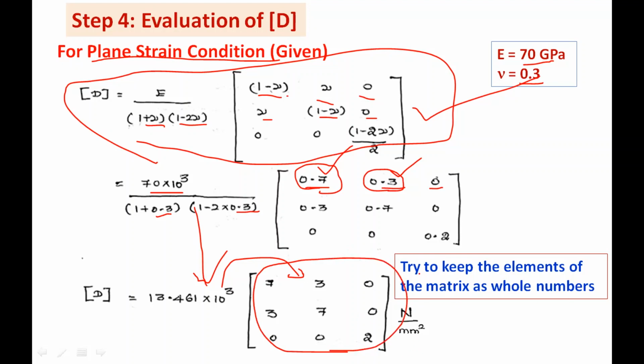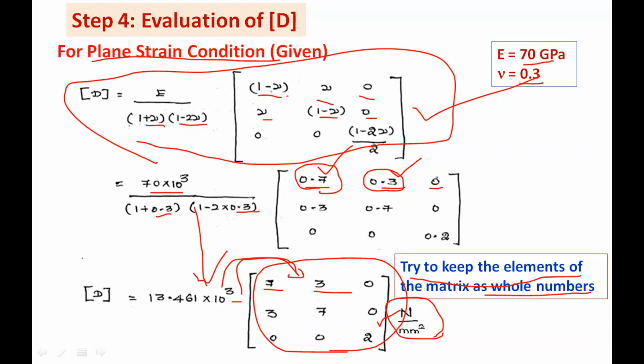That is why we always try to keep elements of the matrix as whole numbers as far as possible. So here 110 is taken inside the matrix. 0.7 multiplied by 10, we will get 7, 3, 0, 3, 7, 0, 0, 0, 2, like that. Unit for the D matrix is Newton per mm square.